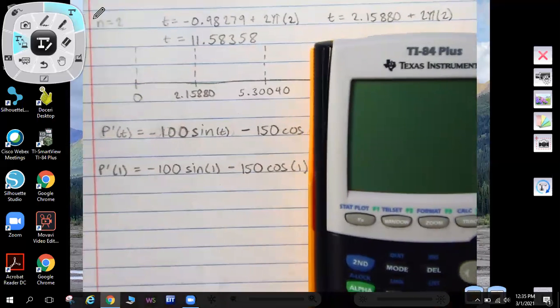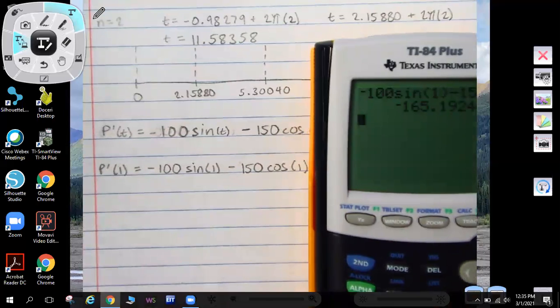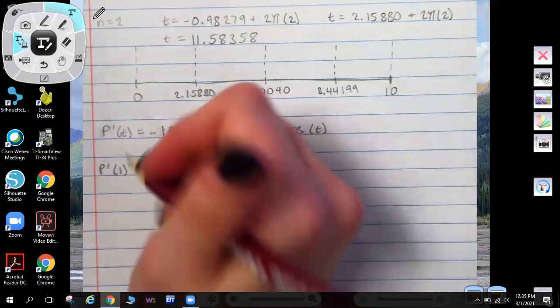Okay, plugging in 1, negative 100 sine of 1 minus 150 cosine of 1. We get negative 165 point some decimals.